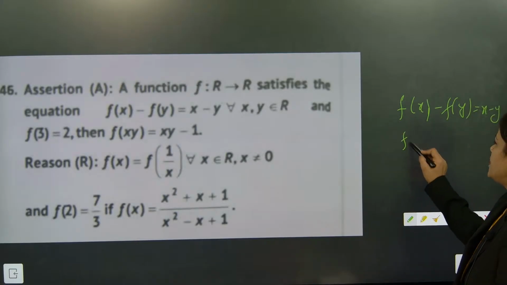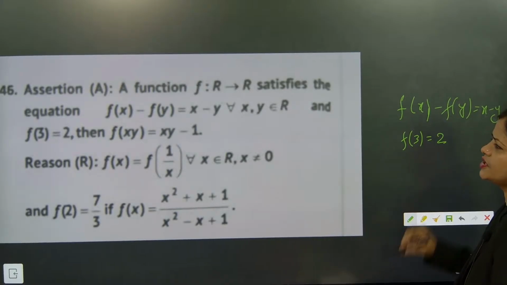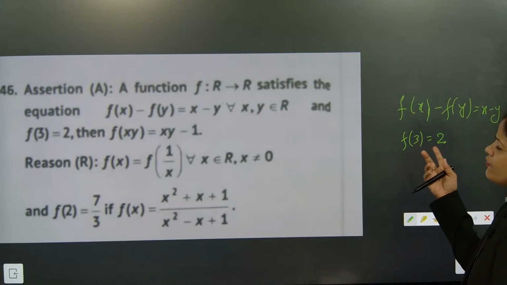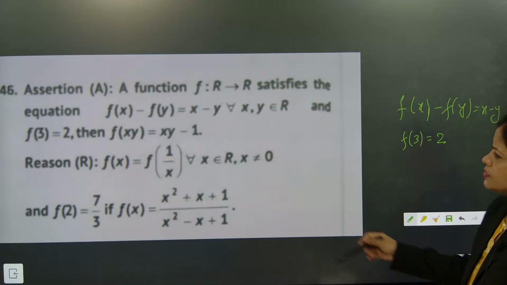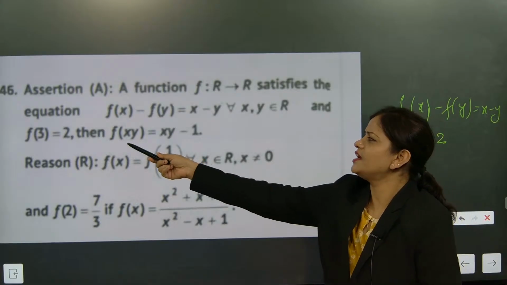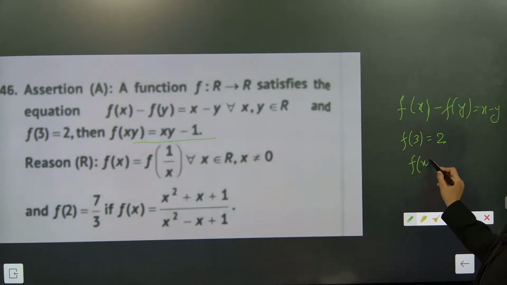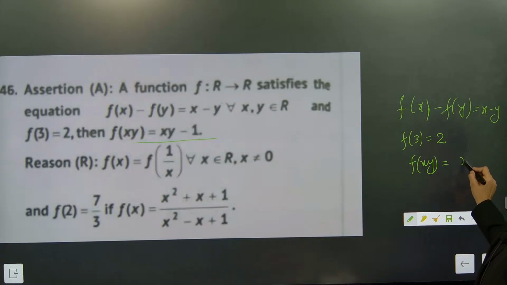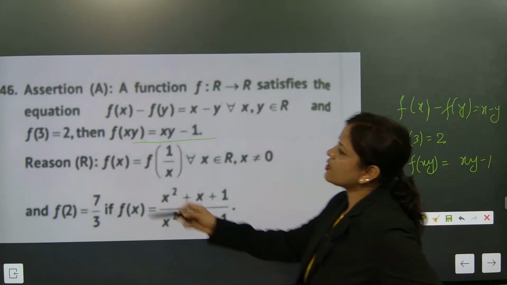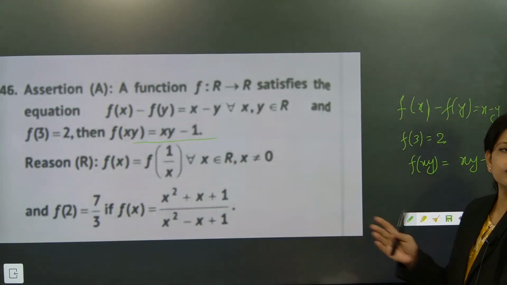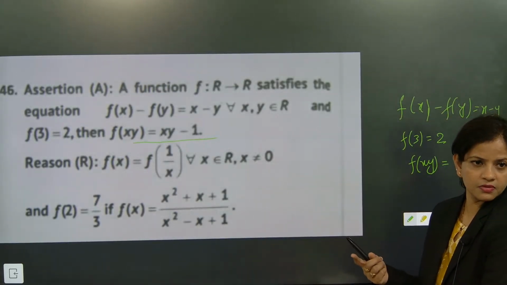And f of 3 is given as 2. Then they are telling f of xy is equal to xy minus 1.